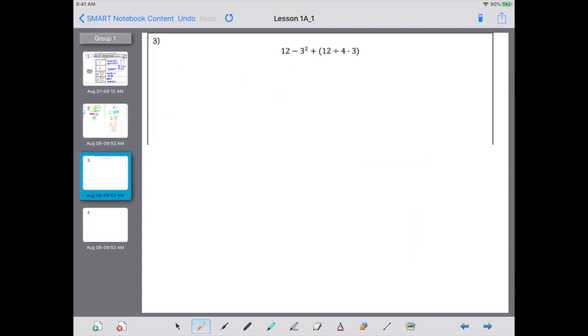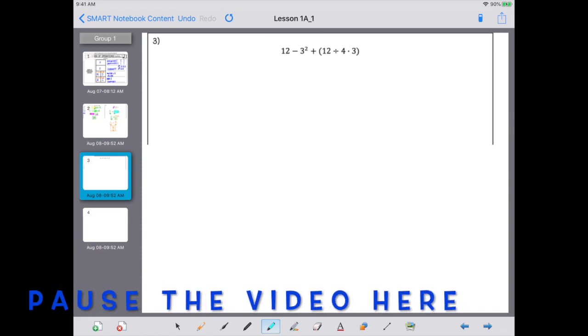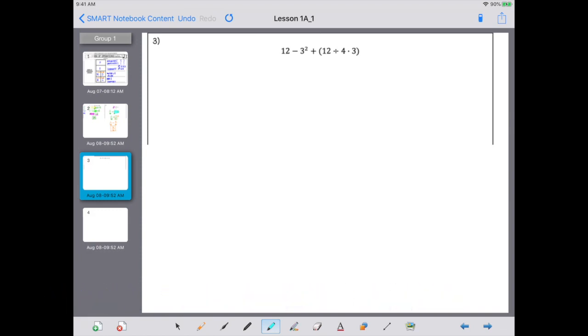All right, let's look at the last one. So now we have parentheses. So make sure you try this one and then come back and we'll go over the answer. Okay. So parentheses, we're going to follow order of operations still. 12 divided by 4 is 3 times 3. 12 minus 3 squared plus 9. 12 minus 9 plus 9.